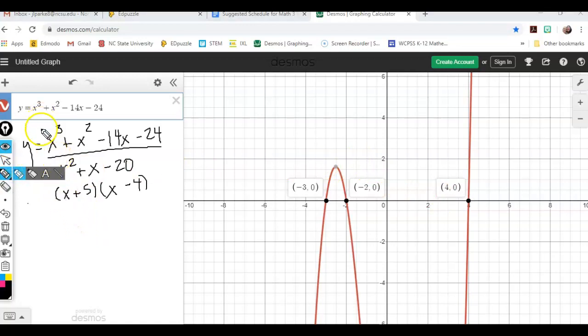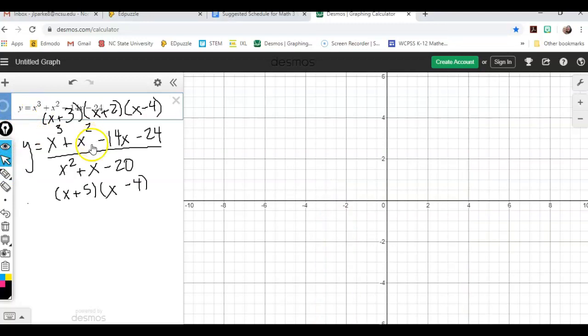So that means that these factors must be x plus 3, x plus 2, and x minus 4. So I factored the top and the bottom. I want to do this because it's going to help me find key features of the graph, and quite honestly, you just always want to do that no matter what when you are graphing rational functions.